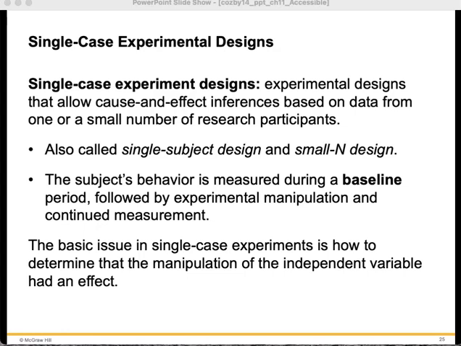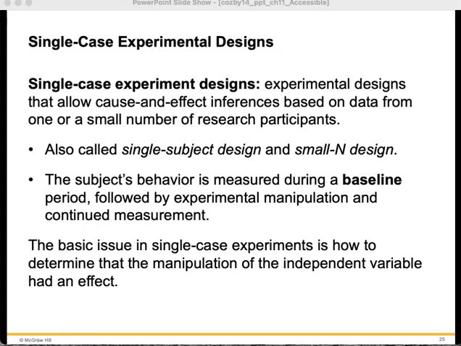Remember, n equals the number of participants typically. The subject's behavior is measured during a baseline period, followed by experimental manipulation and then continued measurement. The basic issue in single case experiments is how to determine that the manipulation of the independent variable had an effect.